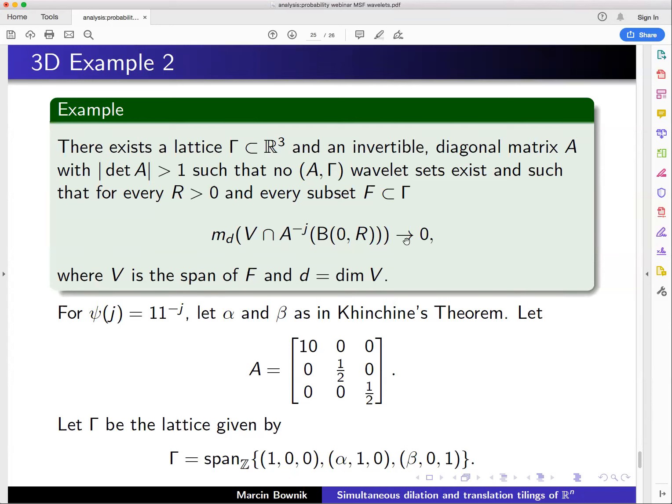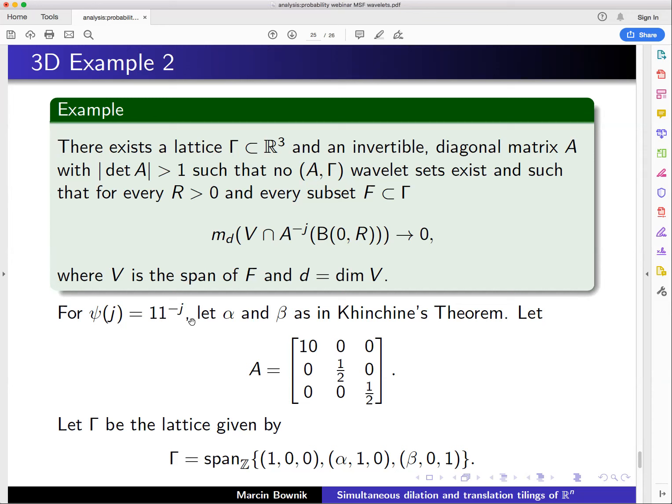Suppose this goes to 0, but yet the wavelet set doesn't exist. And I can even tell you exactly how this dilation looks. It's 10, 1/2, 1/2. This is expanding in volume because the determinant of this is 10 over 4.